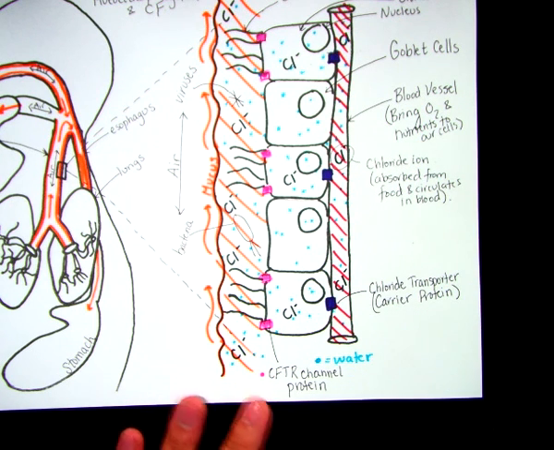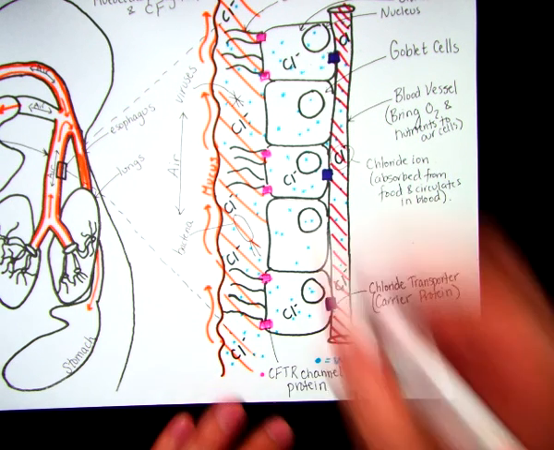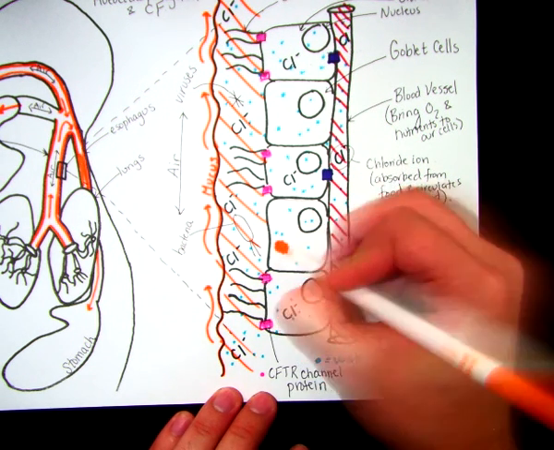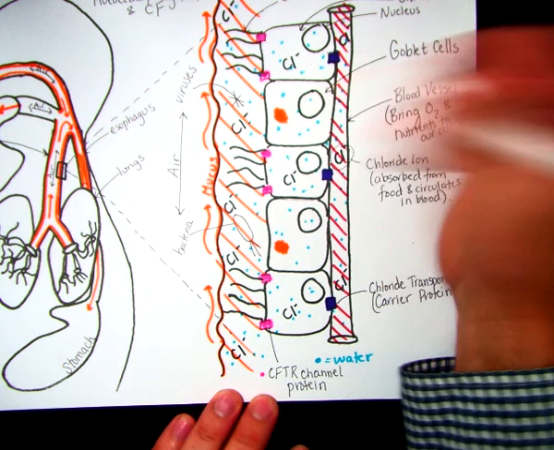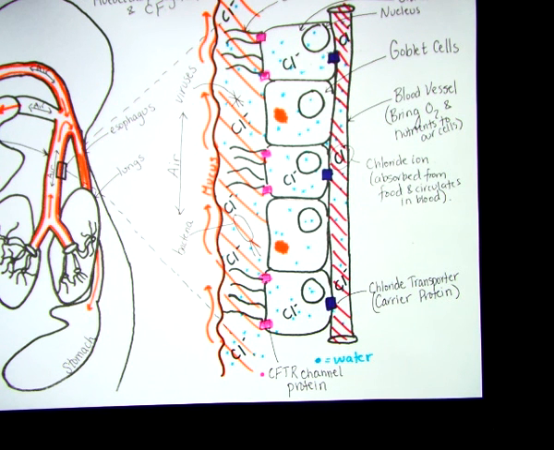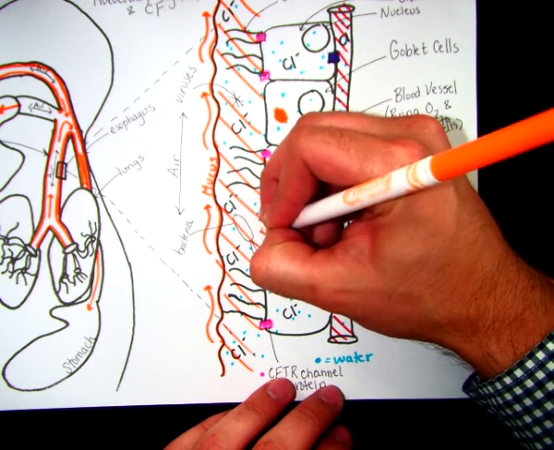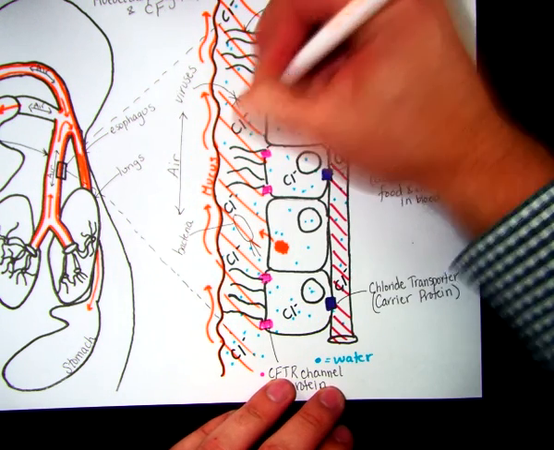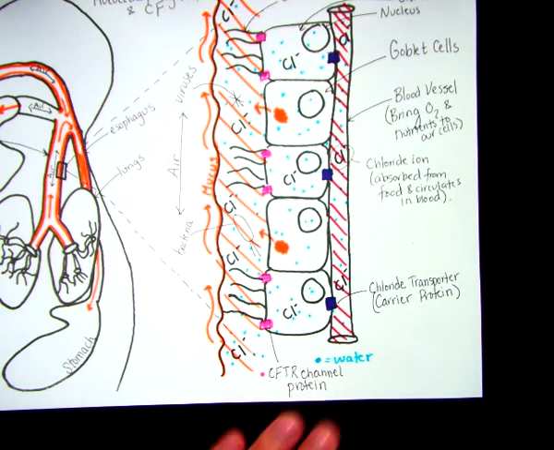Okay, so we've got CFTR, chloride transporters, and then the very last thing, inside the goblet cells. So the goblet cells produce something called mucin.